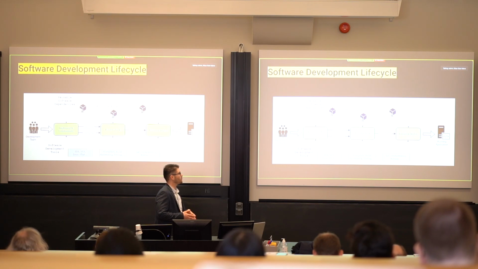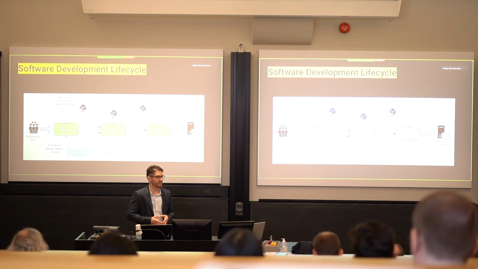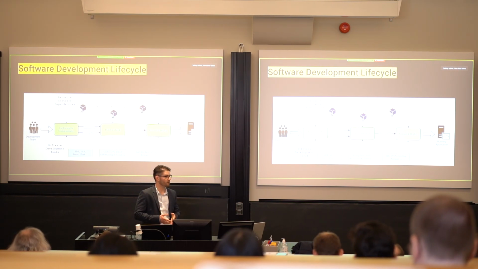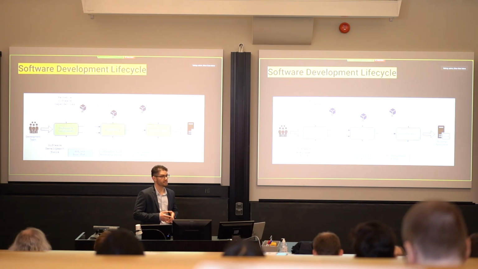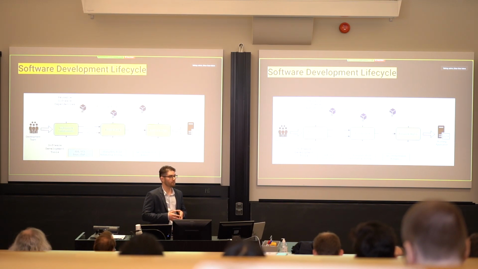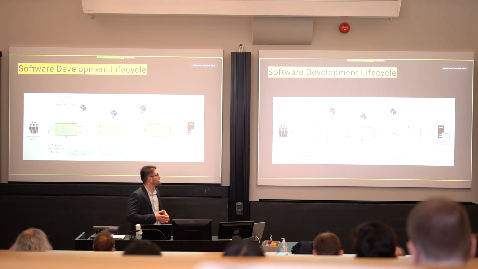And the way software dependencies are managed today is through package managers. Package managers exist for all programming languages. For example, for Java, there is Gradle, there is Maven as well. For Python, there is pip. For Rust, Cargo, and JavaScript has NPM and so on.